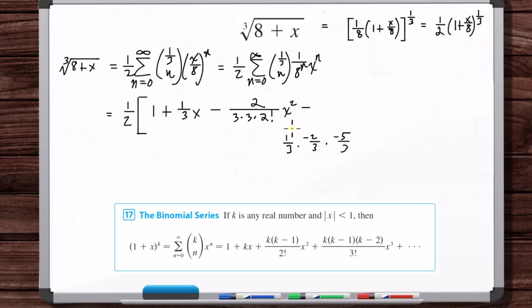Well, no, this is going to alternate because we don't have an alternating term already there. So, okay, so plus, and then 3 times 3 times 3 times 3 factorial, and then 2 times 5, and then this should be minus.